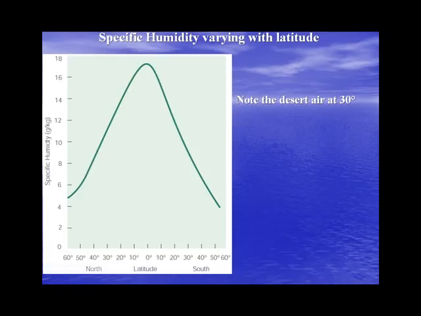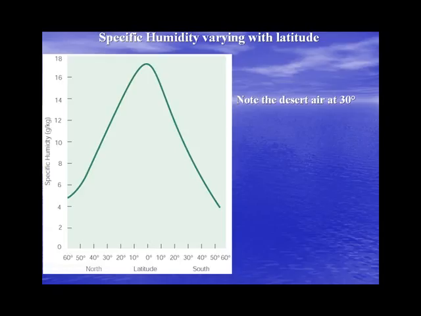Remember that puzzle I asked you earlier about, which has more water vapor? The Sahara Desert or New England? Well, we see on average that the Sahara Desert, although it's dry, has quite a bit more water vapor than even what we see here in Iowa.